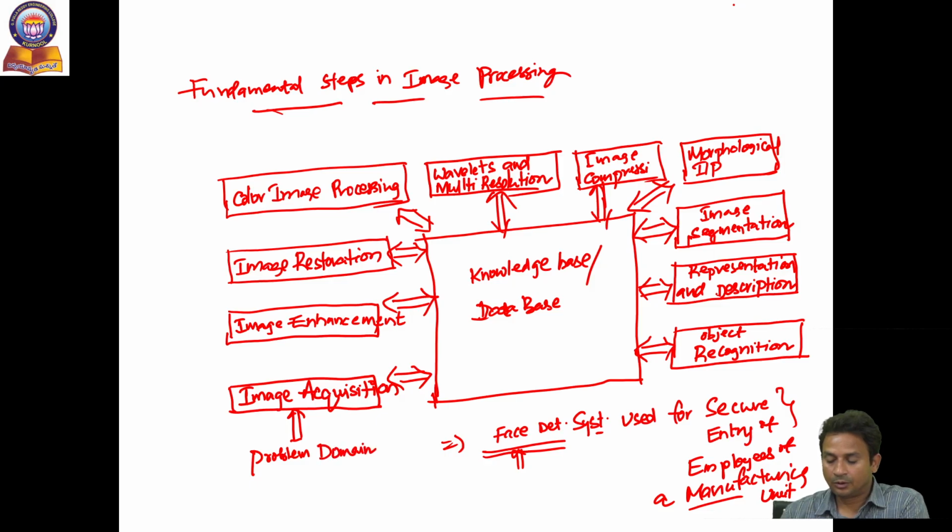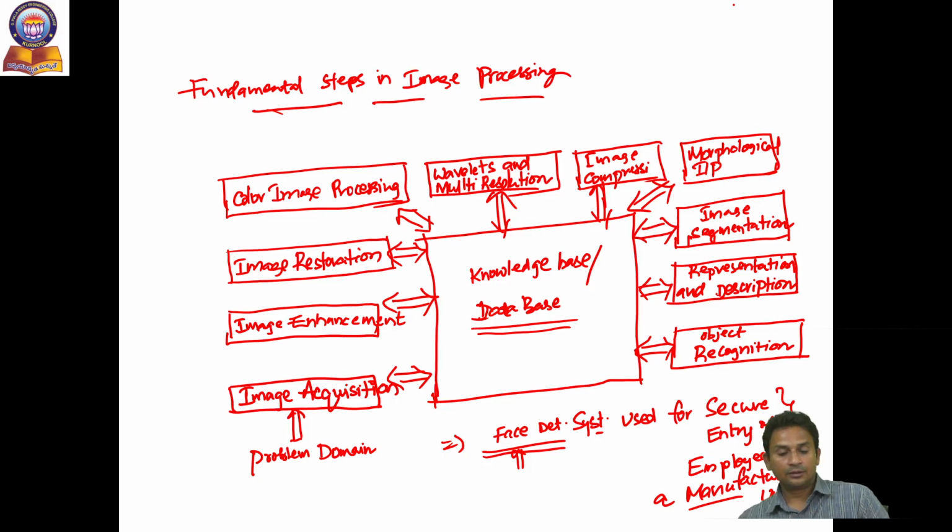Depending on the problem domain, the images which are available in the database will vary. Okay, so these are the fundamental steps in image processing, and we'll stop the class here and continue with the next topic in the next session. Thank you.